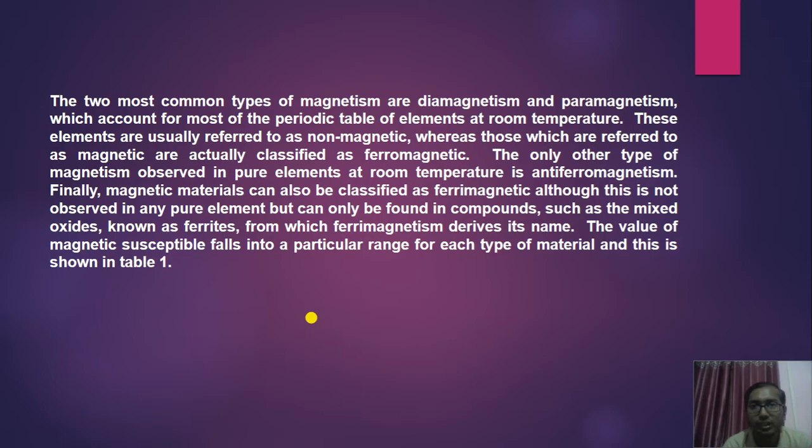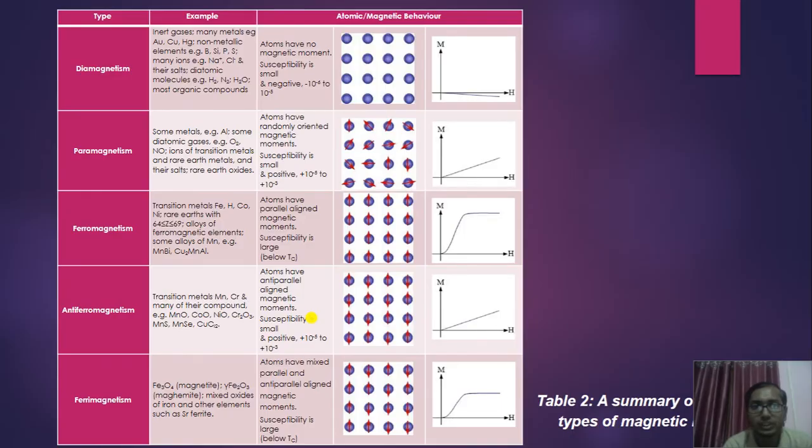So depending upon the magnetic susceptibility, the magnetic materials have been classified. We can analyze this from this table. Suppose we want to discuss diamagnetism. In diamagnetism, atoms have no magnetic moment, so susceptibility is very small. If you are talking about paramagnetic materials, they have magnetic moments, but they are not aligned in a single direction.